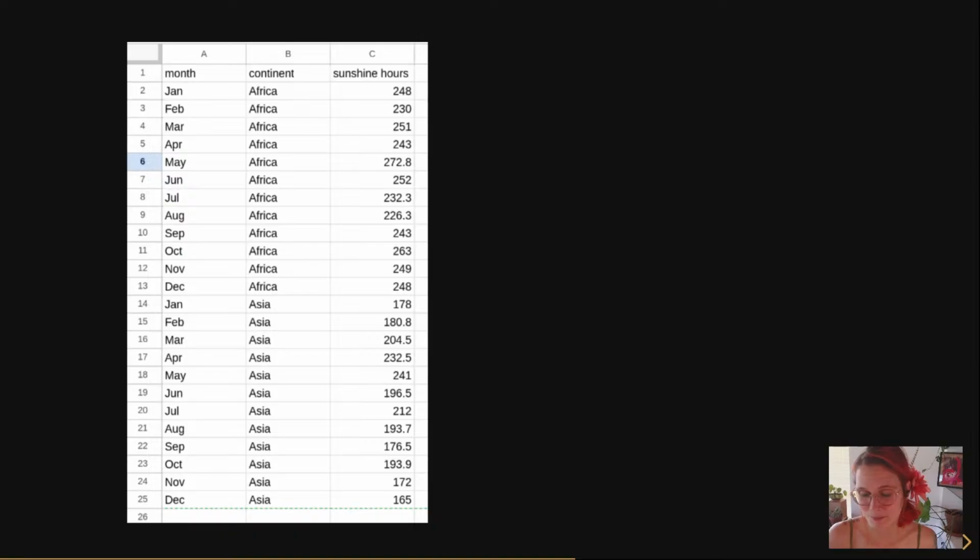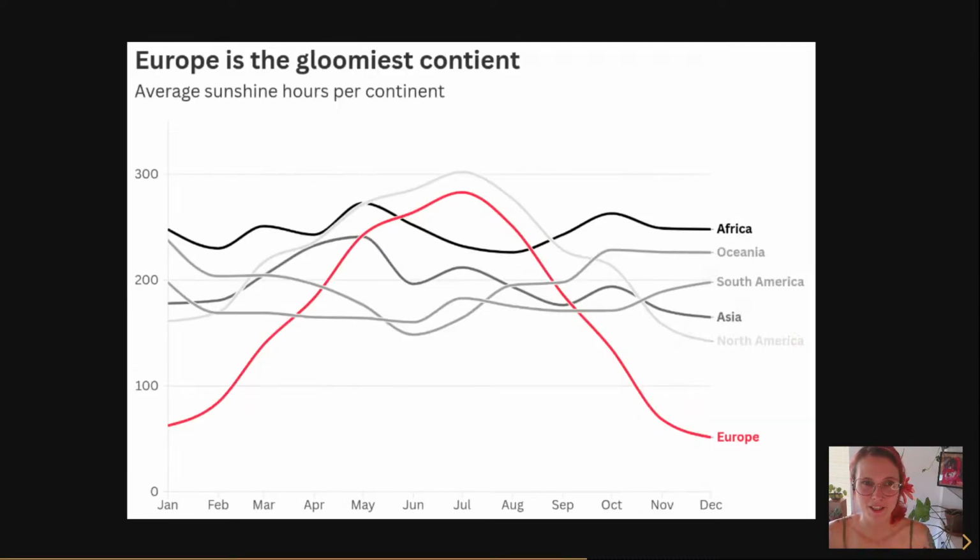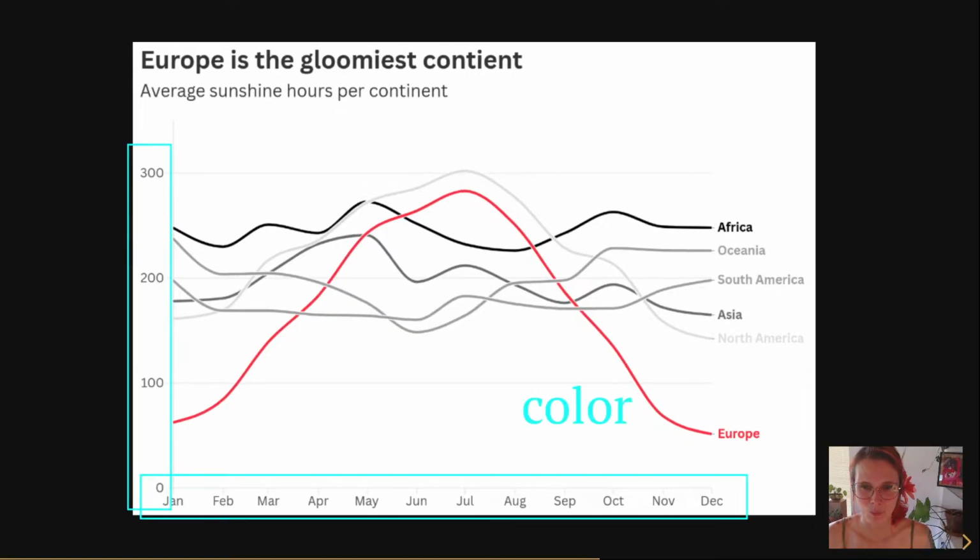And why is this important, right? Why am I now confusing you with talking about dimensions in data? That's because this really matters in the choice of your data visualization, because, for example, this line chart can only visualize 3 dimensions. One of them is the sunshine hours, the other one is the timeline, and the third one you can represent with the color.